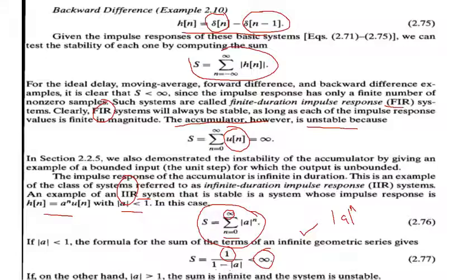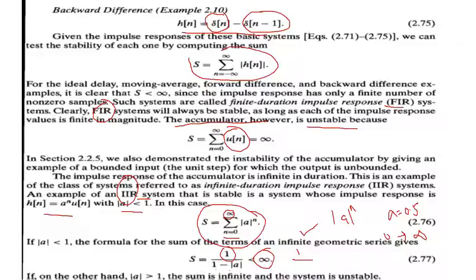For example, the value of a is 0.5 and I sum it from 0 to infinity. Obviously a is 0.5, so the power will be 0, 1, 2, 3. When the power increases, the number automatically decreases. 0.5 raised to the power 100 will be a very small thing. So we can use this formula, first term divided by 1 minus ratio.